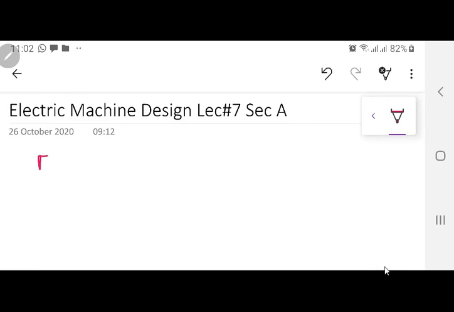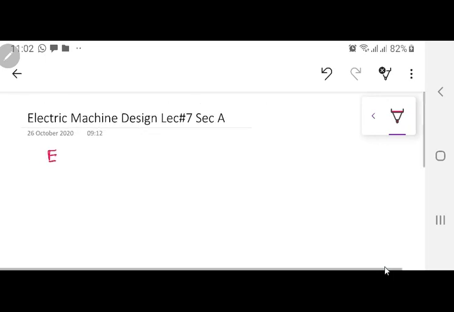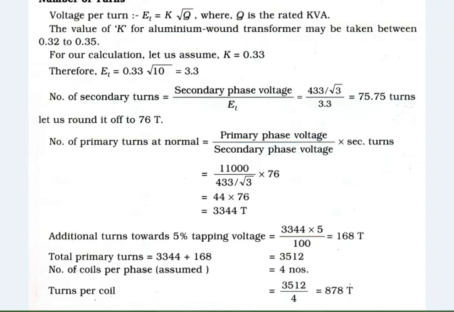Now ET that we have already found out is 3.3 volts per turn. This was done previously in the last lecture, and I showed you just now. Since the number of turns on the secondary was rounded off from 75.75 to 76 turns, my ET is actually going to change.